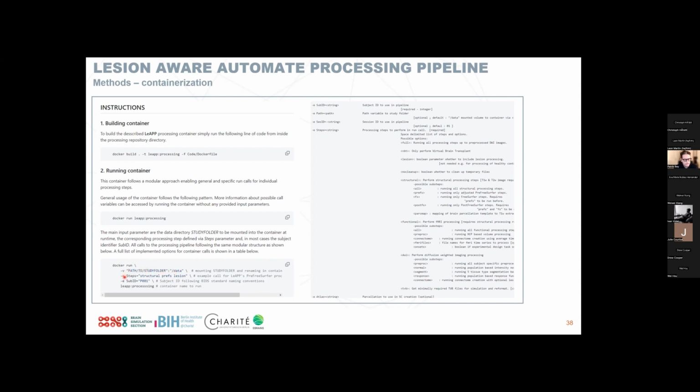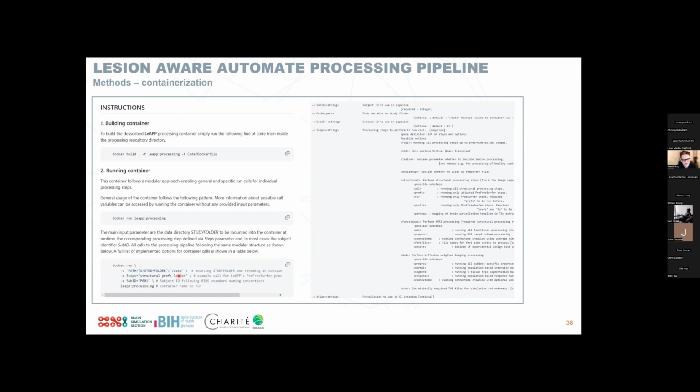And then we have the variable which is probably the most important one, called steps. Here we have a space-separated string that tells the container what processing steps you want to run. In this case, we've seen this before, the module pre-FreeSurfer. We want to run this module of the structural processing pipeline, and we want to include all of the lesion-specific mitigation measures.